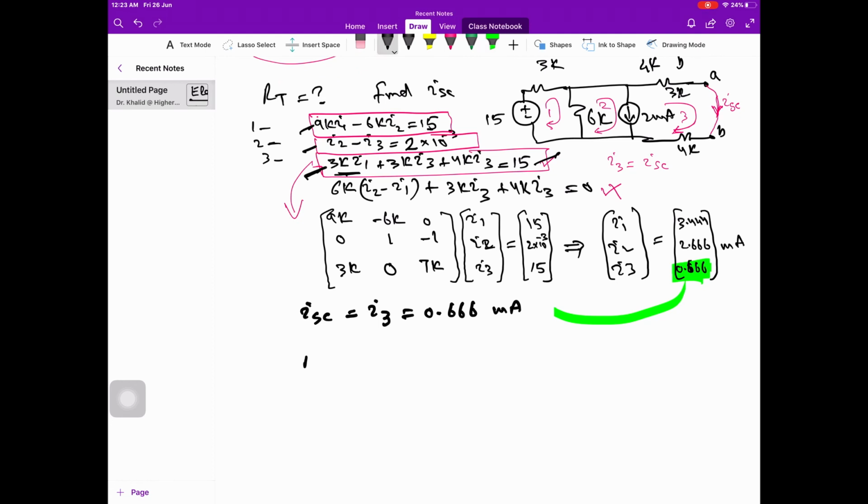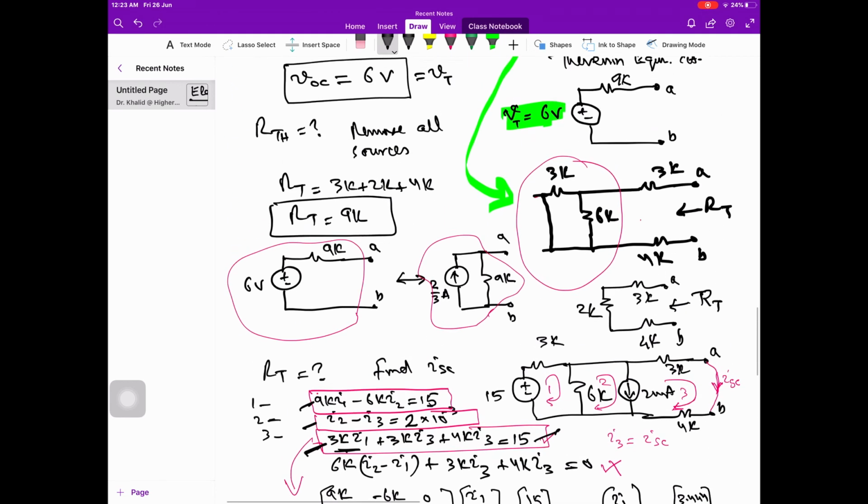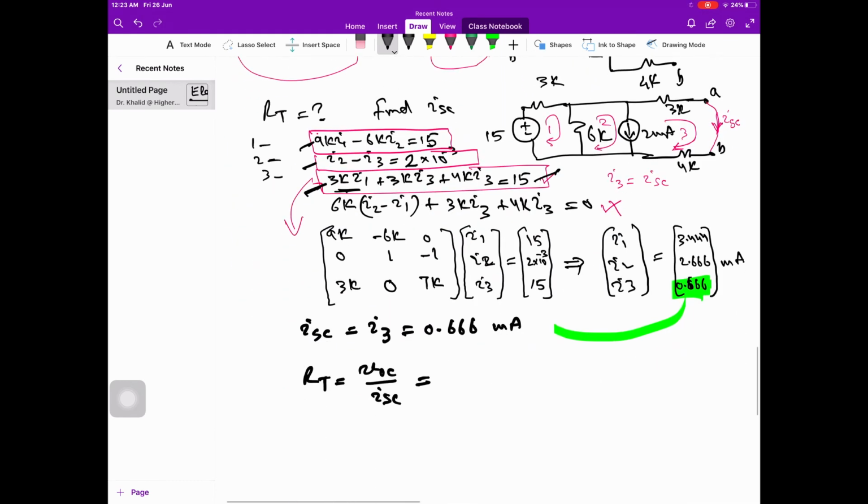And now R Thevenin can be found as V open circuit divided by I short circuit. What was our open circuit voltage? 6 volts. This is 6 volt, and short circuit is 0.666. So I will see 6 divided by 0.666, and this is 9 ohm.